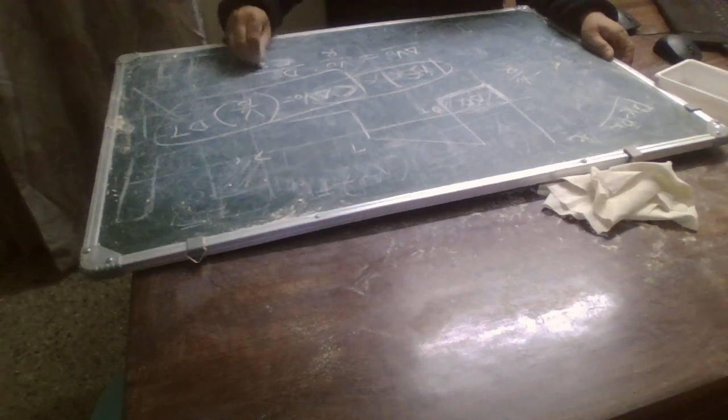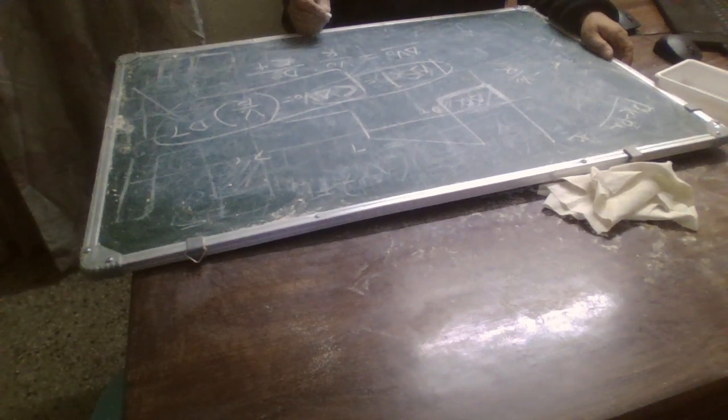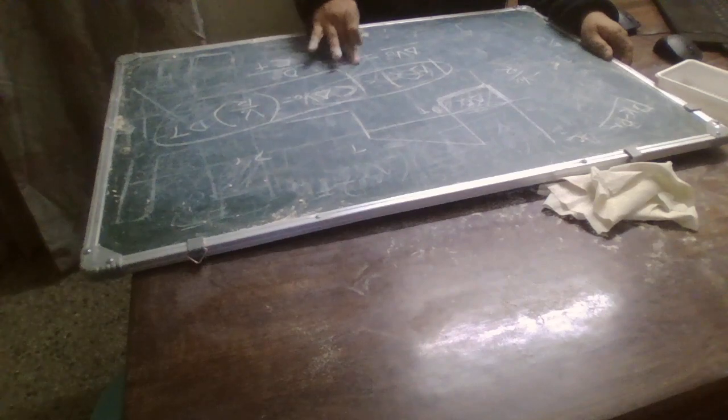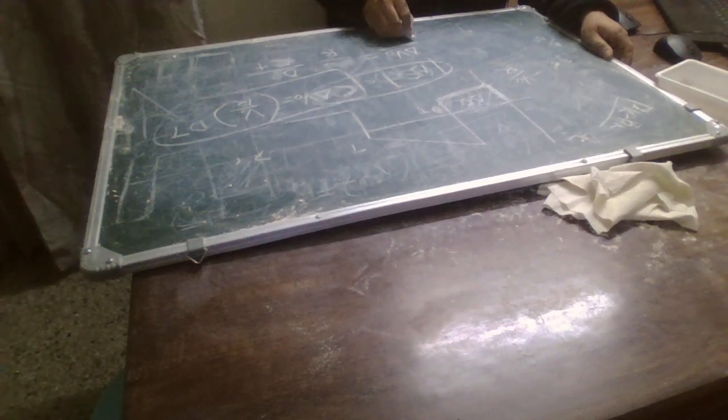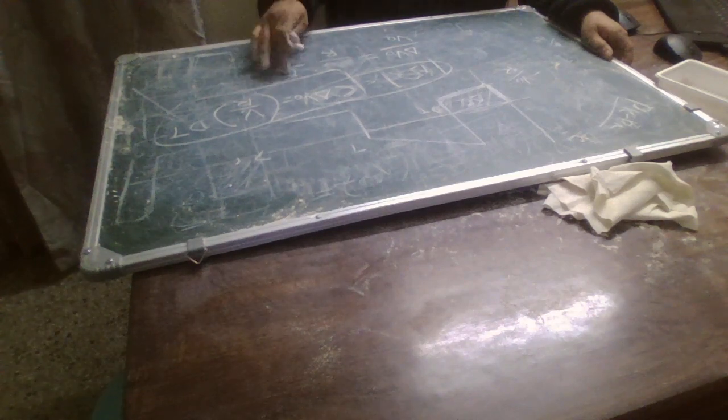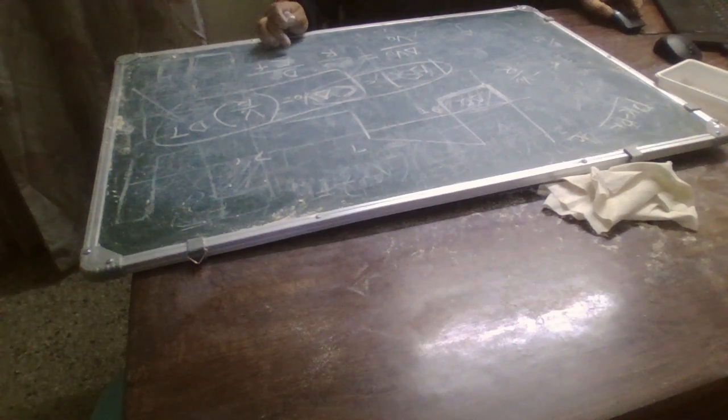T we can replace by frequency. If I have to take a variation with respect to the output, I can put V naught here, and we get delta V naught upon V naught equal to D by RCf.